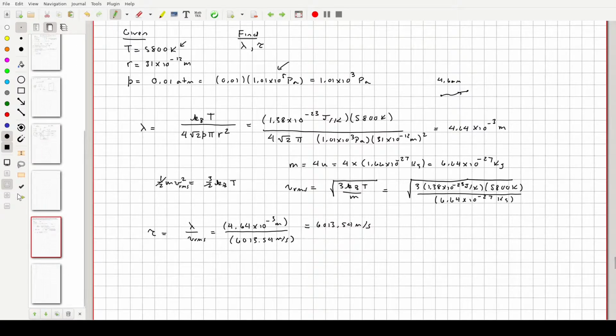So 4.64 times 10 to the minus third divided by 6,013.54. And that is 7.71 times 10 to the minus seventh.